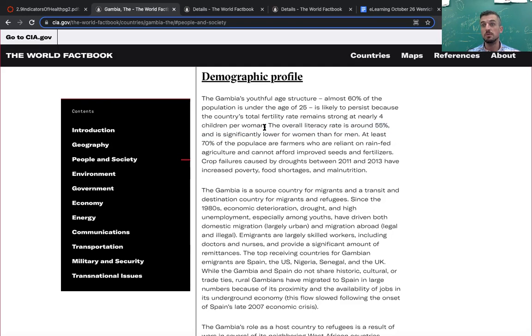That stat can take you one of two ways. One, you can see that as a positive if you don't want women to have access to education. What? Yeah. But that's something. At least 70% of the populace are farmers and are reliant on rain-fed agriculture and cannot afford improved seeds. Well, there you go. We can add that.